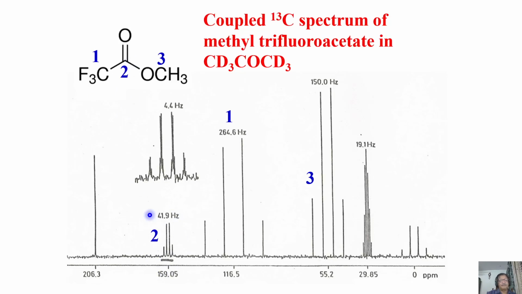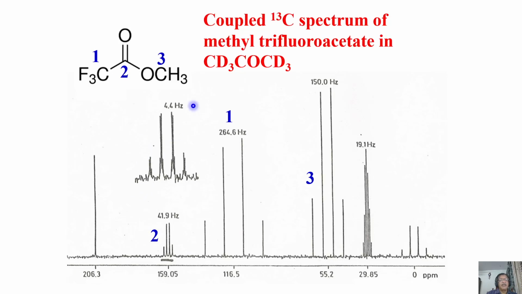That's also fine, but one interesting thing happened. If you look at it, this region is expanded. When you expand, it is not just a quartet. Each line of the quartet is another quartet. It's a quartet of quartets. Where is the second quartet coming from?